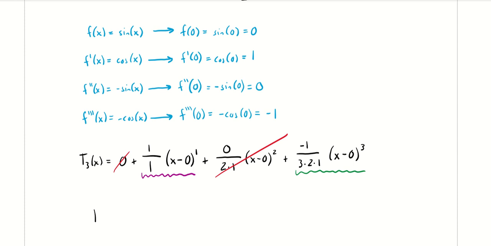So this is actually kind of a nice, tiny little third degree Taylor polynomial. This is going to be 1 over 1 is 1 times x minus 0. x minus 0 is just x. So that whole piece is just going to be x.